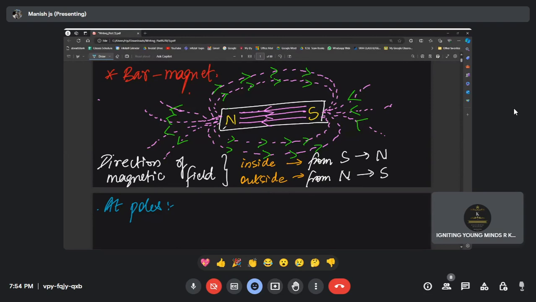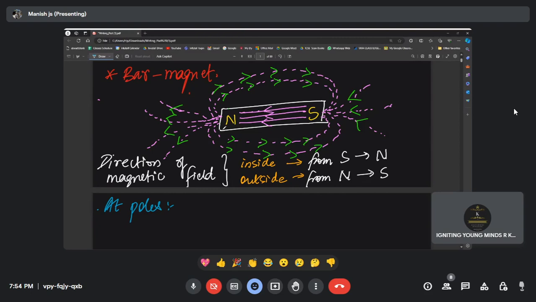Now, I'm just asking a simple question. What can you say about the magnetic field strength at the poles and between the poles? Where would you say the magnetic field strength is higher? And where would you say the magnetic field strength is lower or relatively less? This question is open to all.